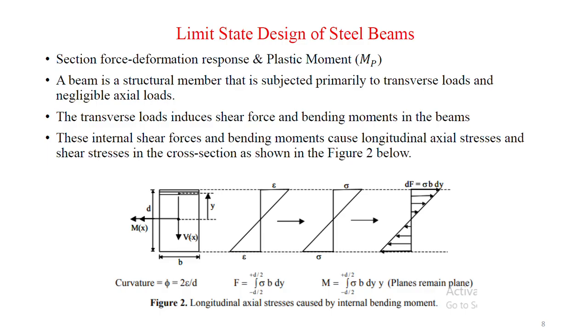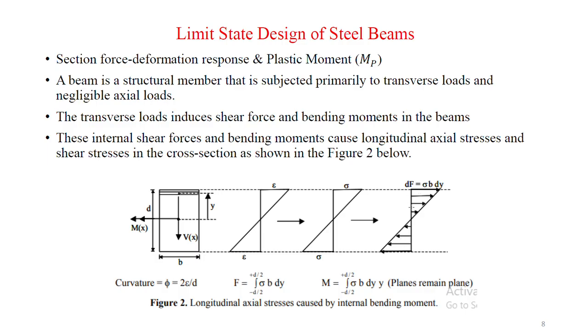These two are the internal resistances offered by the section, the bending moment and shear force, which come from the applied loads over the beam. If you see the stress-strain diagram, strain will be linear in both cases. Stress in this case we have also taken as linear.